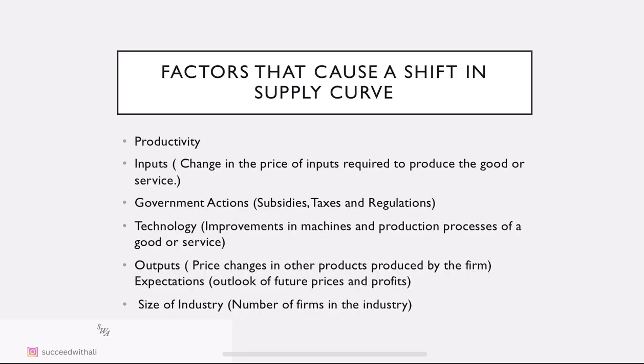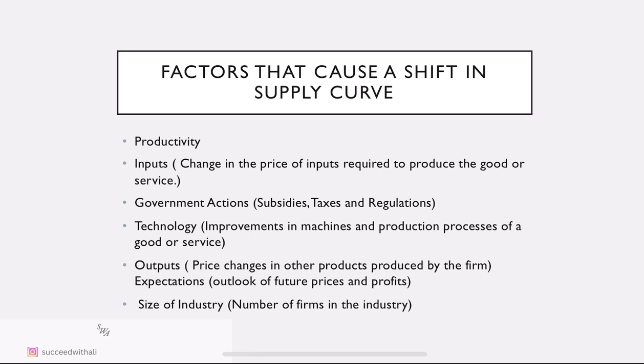What are some factors that cause a shift in the supply curve? First, productivity. Second, inputs, thus the change in the price of inputs required to produce the good or service. Government actions: subsidies, taxes and regulations. Technology: improvements in machines and production processes of a good or service.